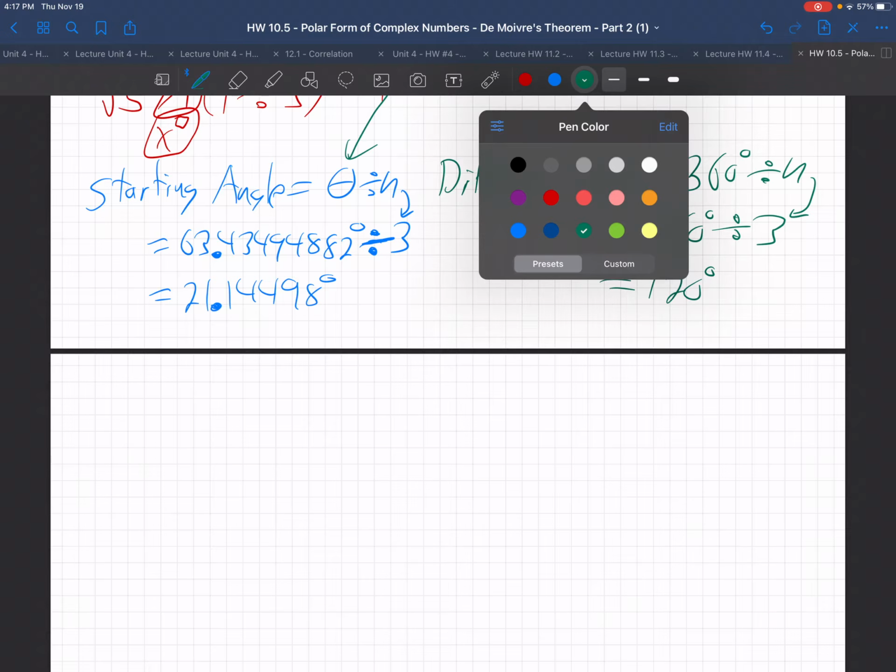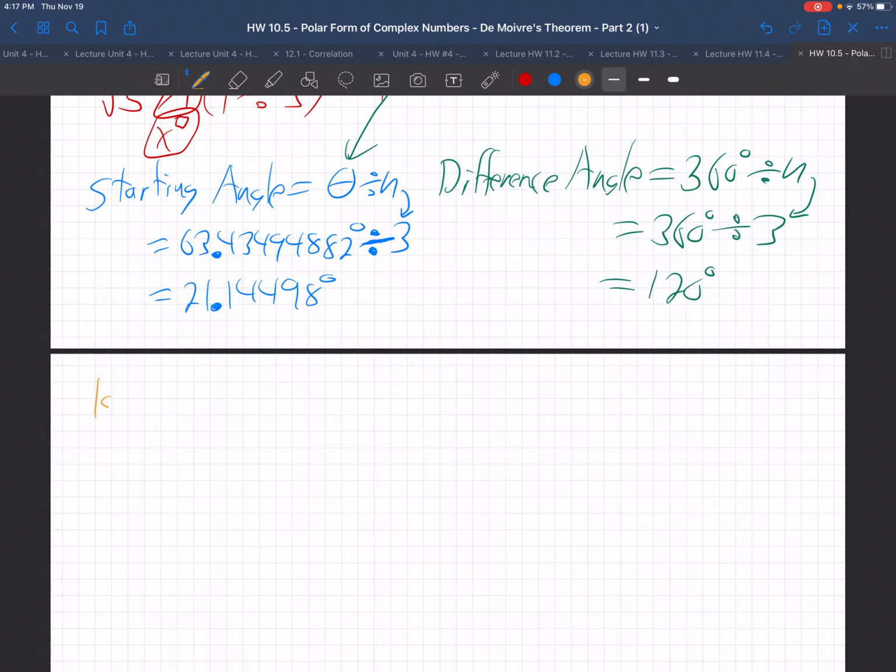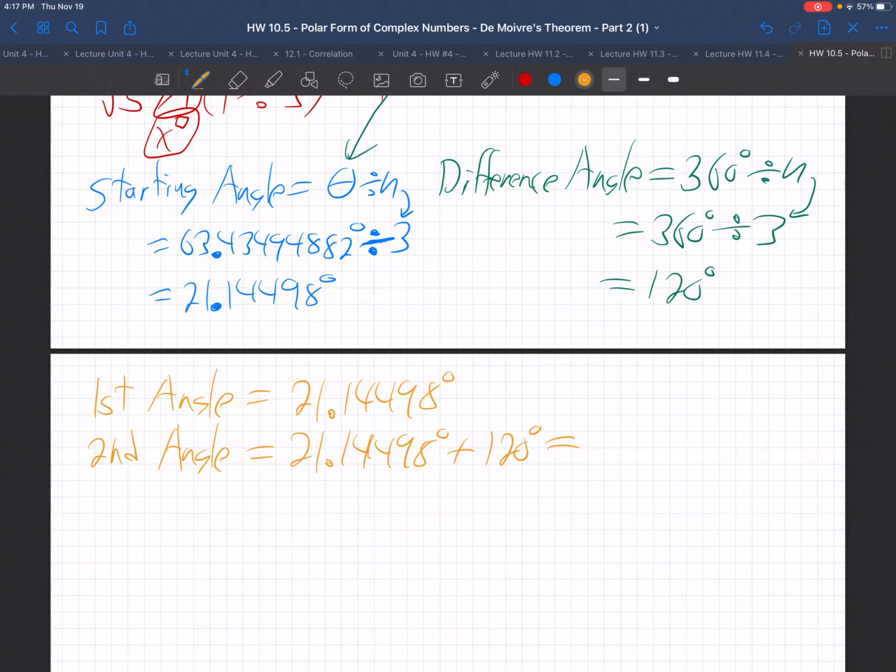So first angle is the starting angle, 21.14498 degrees. And then the second angle is going to be the starting plus the difference, 120. So plus 120, well that's 141.14498.